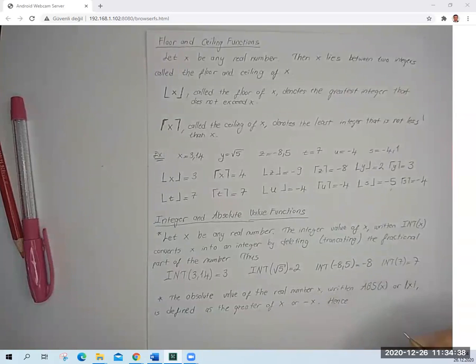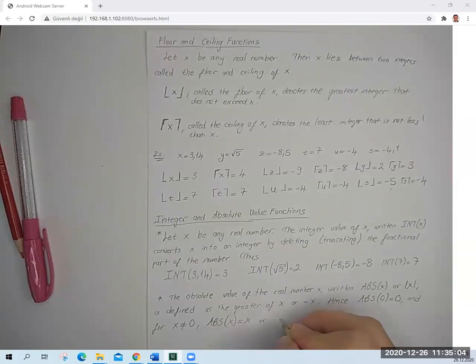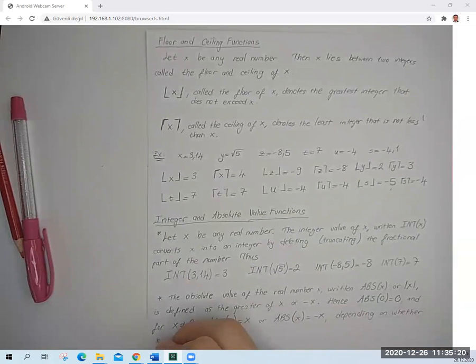Hence, ABS 0 is equal to 0, and for x not equal to 0, the absolute value of x is equal to x, or the absolute value of x is minus x, depending on whether x is positive or negative.